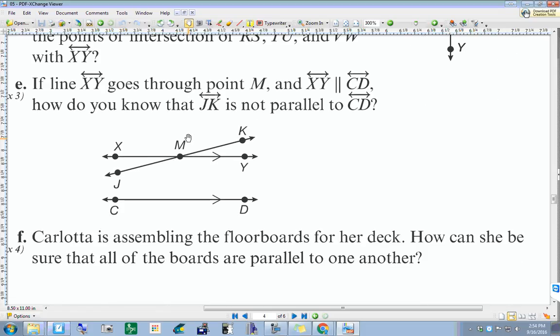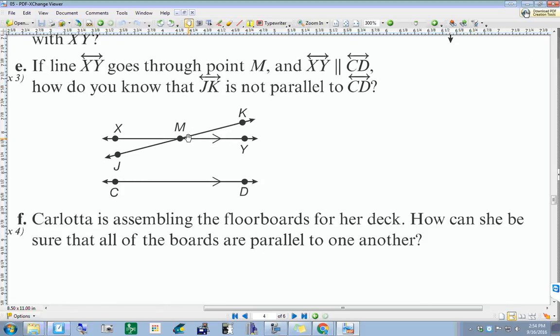All right. Moving on here. E. Let's see. 2. Oh, that's right. We're 6. There we go. Storm. If line XY goes through point M, so I got line XY going through point M, and XY is parallel to CD, how do I know that JK is not parallel to CD?